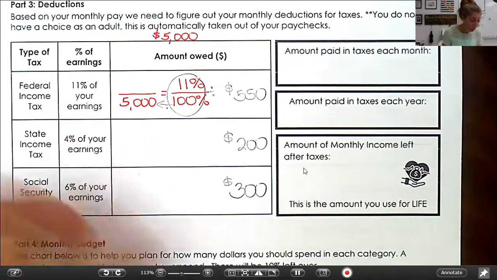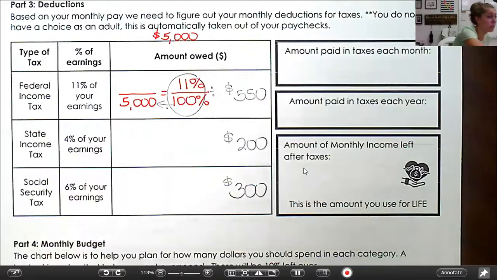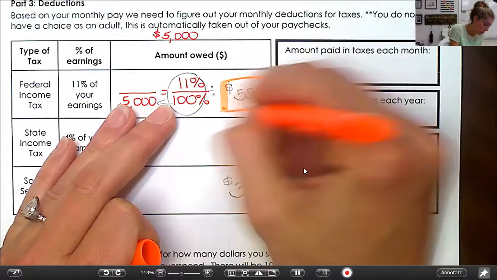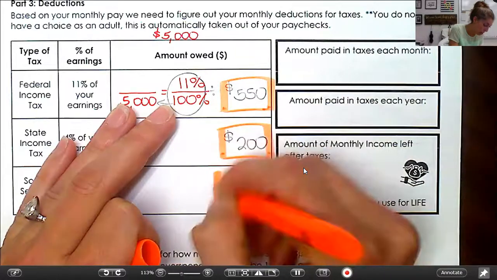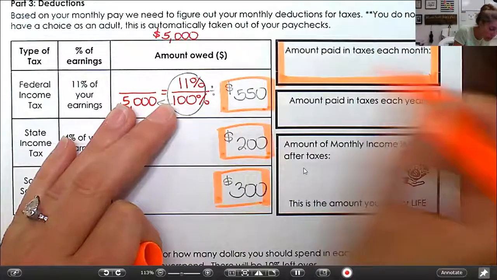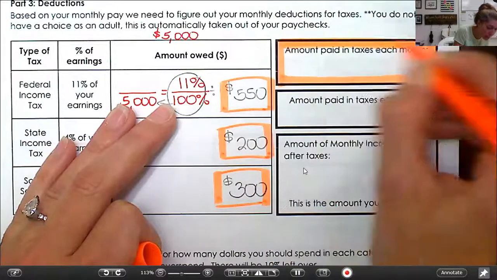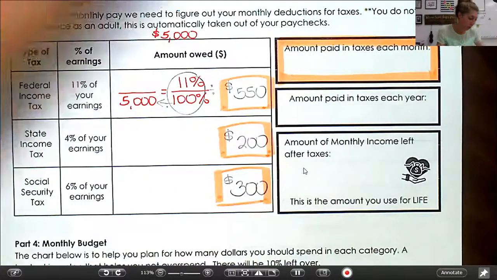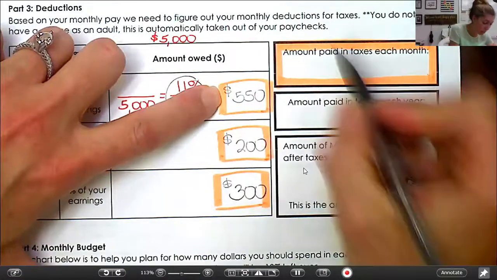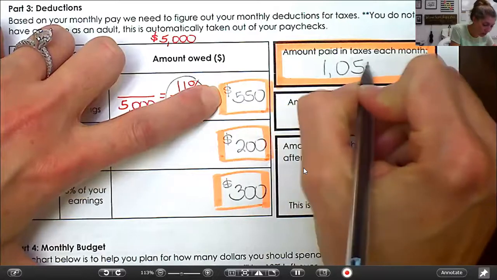So now what we need to do is add those up together. We have 1, 2, and 3. Those added together represent my total taxes each month. So we got 500 plus 550, that's 1,050.